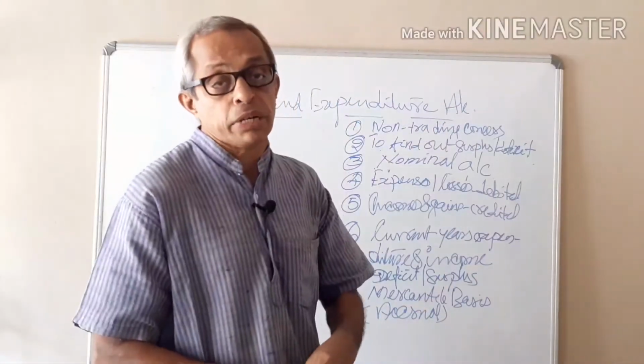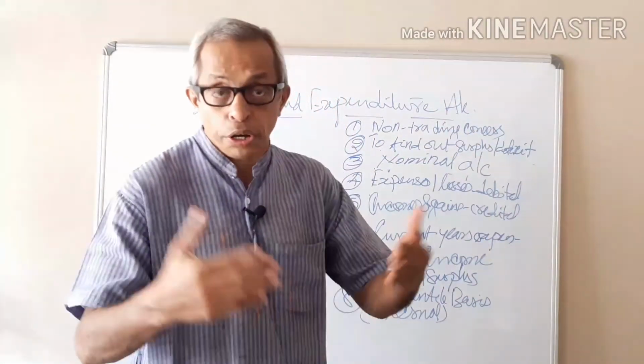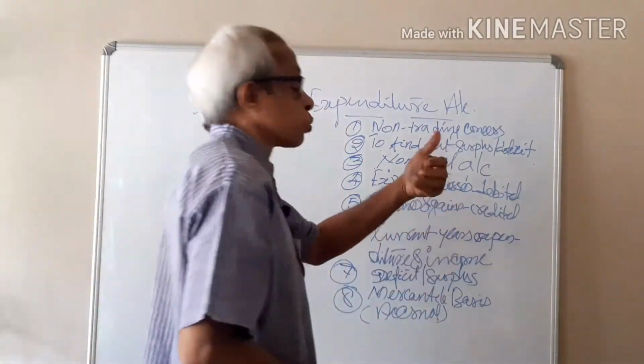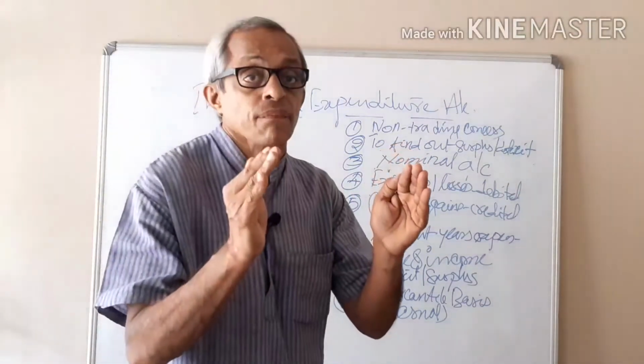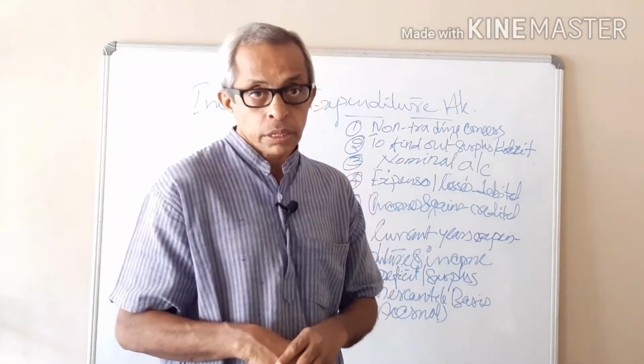Surplus and deficit will be transferred. This surplus amount or deficit amount, as the case may be, will be transferred to the capital fund on the liability side of the balance sheet.